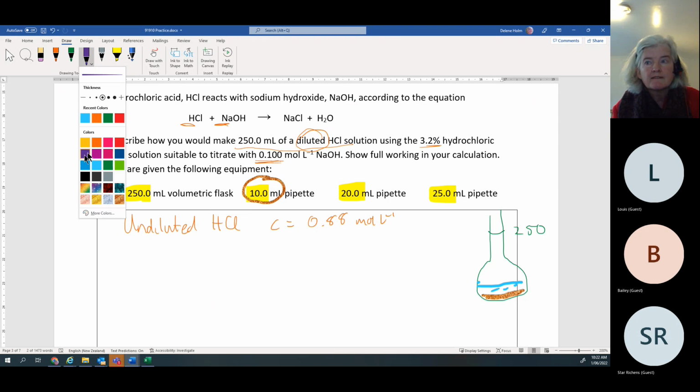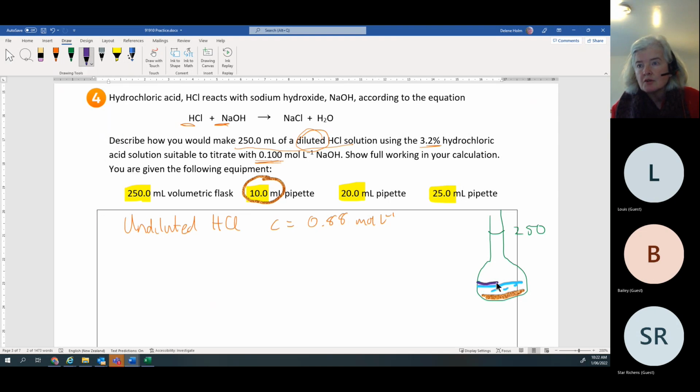Let's do another color. Okay, that's not a very good representation. That looks nearly half full. But can you see what I am trying to do here? I want to add my undiluted acid, either 10 mils or 20 mils or 25 mils, and I'm going to make it up with water.